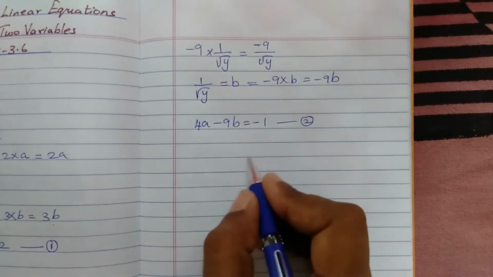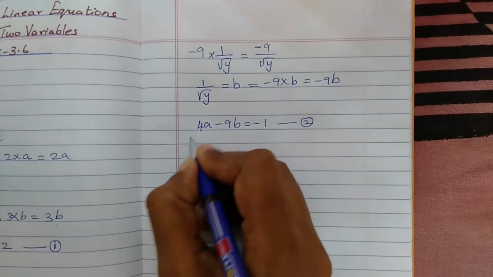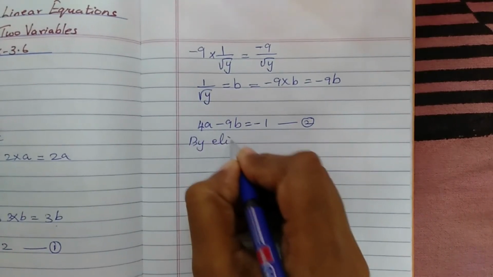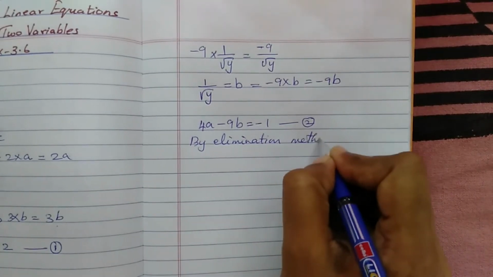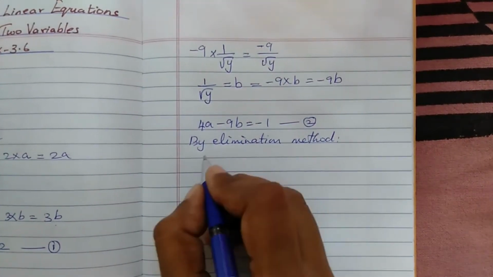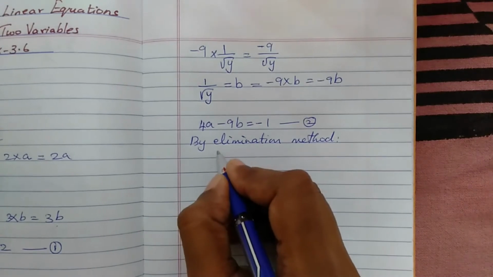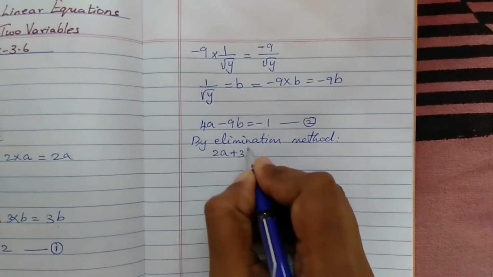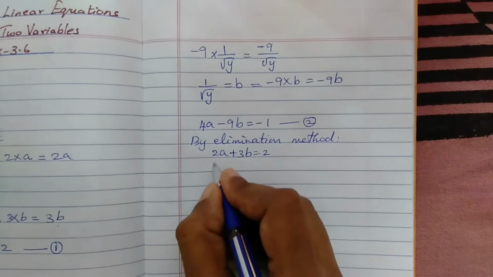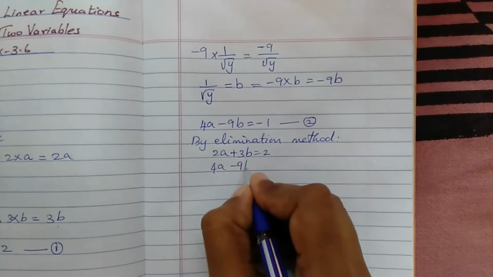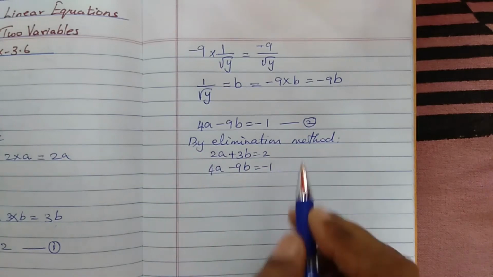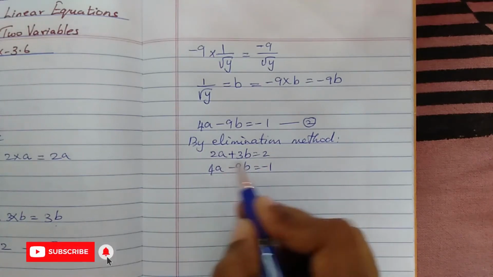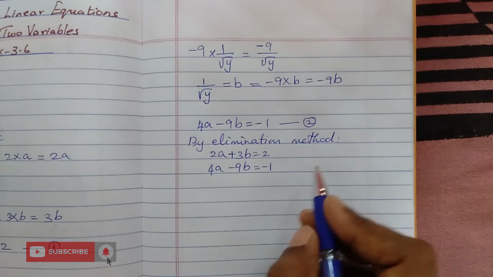Now let's solve it using the elimination method. We have the equations 2a plus 3b is equal to 2 and 4a minus 9b is equal to minus 1. In the elimination method, you have to eliminate any one variable from these two equations.